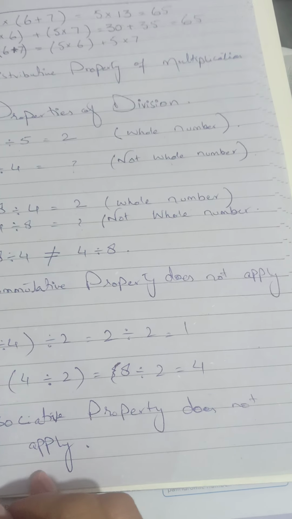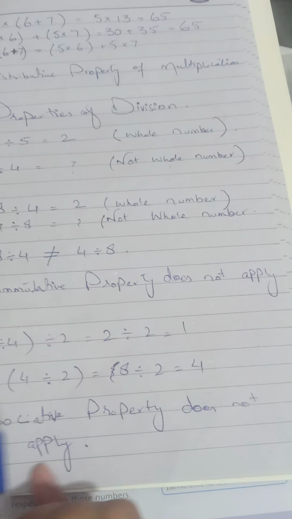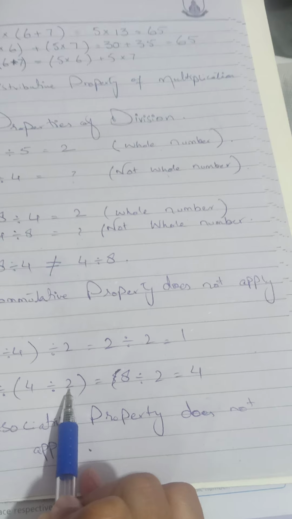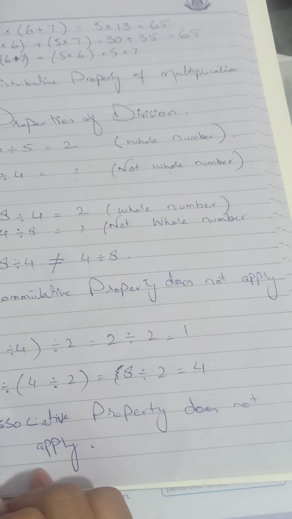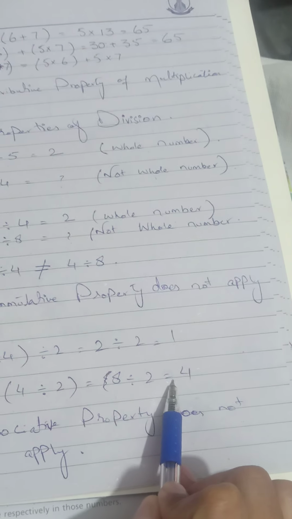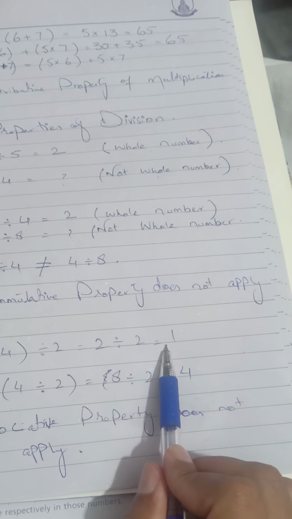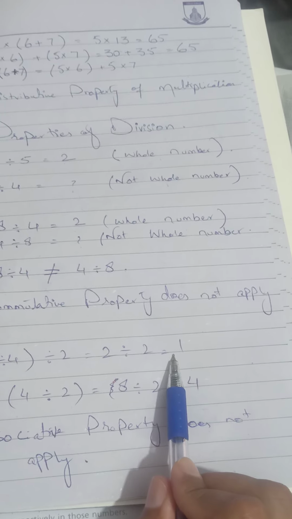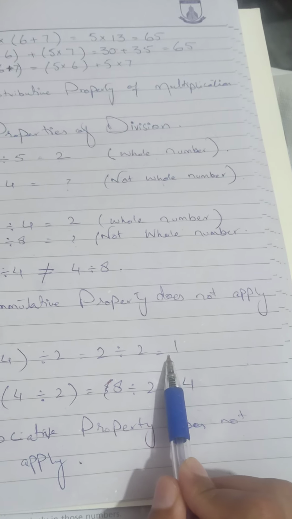Same like we write 8 divided by the quotient of 4 divided by 2. Now you divide 4 by 2, you get 2. Now 8 divided by 2, you get 4. So both answers are not the same. You will say that the associative property does not apply to the division of whole numbers.